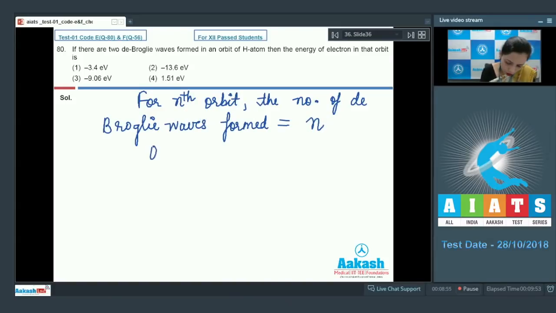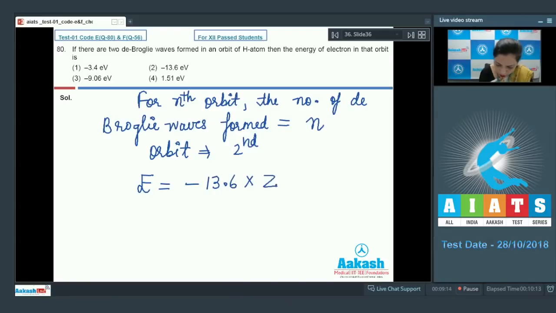So the orbit is second here. Now we just need to find out the energy for that orbit in electron volts. So what is the formula there? That is minus 13.6 into Z square by n square. Now let's place the values here.